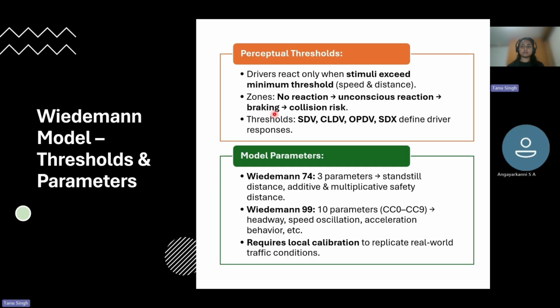The key takeaway is that the Wiedemann model is highly realistic but needs local calibration to replicate the actual traffic behavior in simulators. We need to get more parameters to get the actual traffic behavior in the simulated conditions. So this was all about the car following theory.